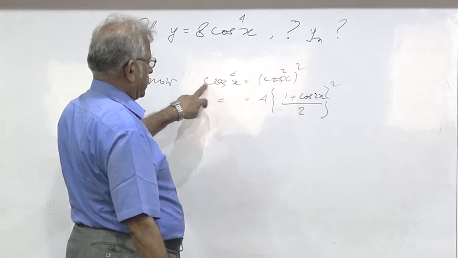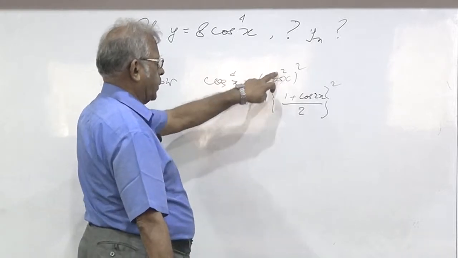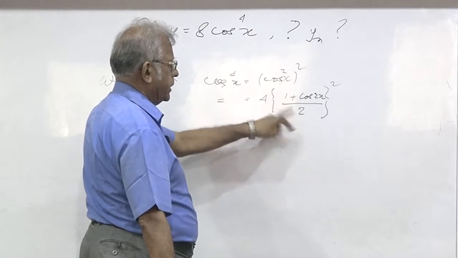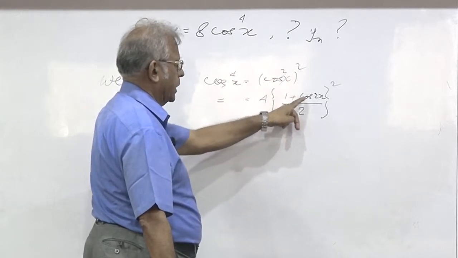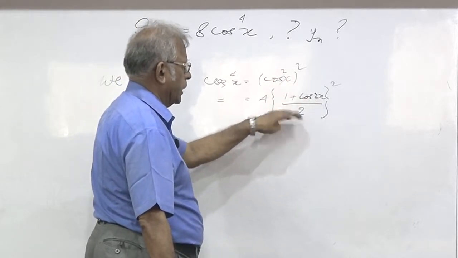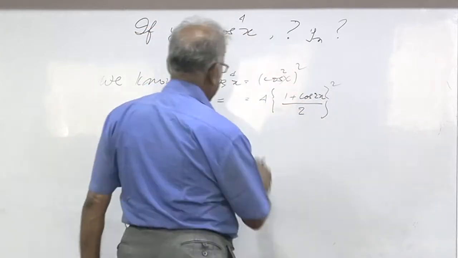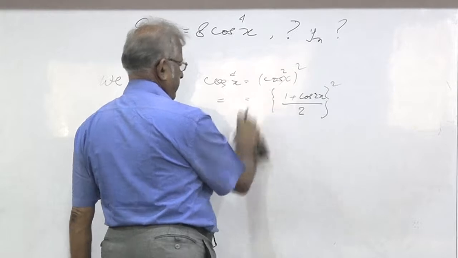Cos 4x to the power of 4 is cos square squared. Now cos square is 1 plus cos 2x over 2, that is cos square x whole square.